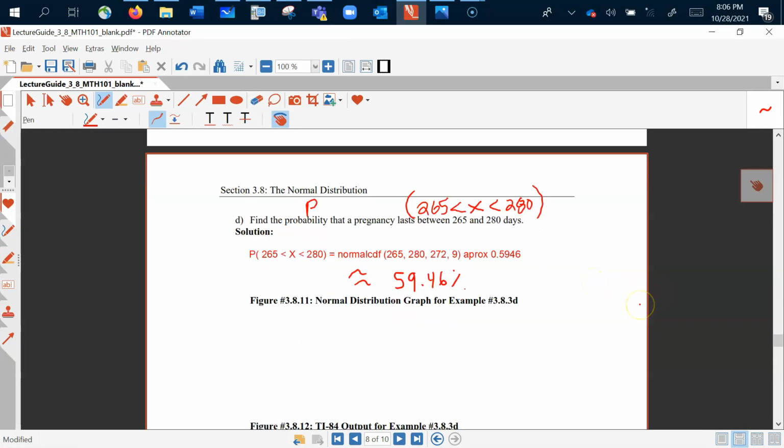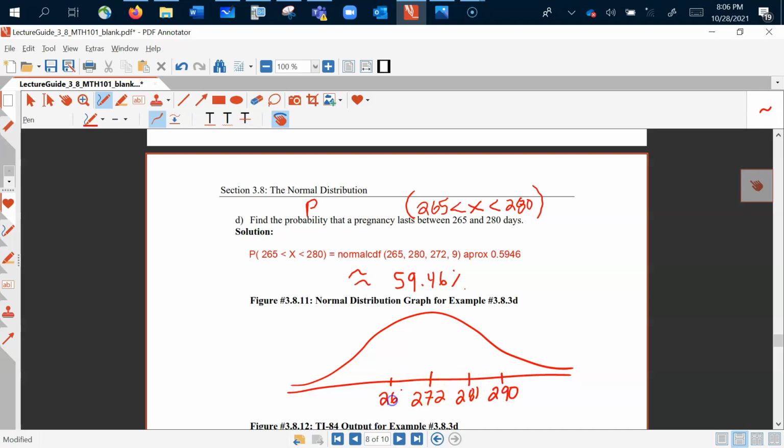Now, if I drew a picture of this scenario, I'm going to draw the normal distribution. At the center is the population mean of 272, and I'll quickly put in one standard deviation over at 281, and then one more at 290. Going to the left, 263, and one more left, 254. So we wanted between 265 and, so that's about 265 and 280.